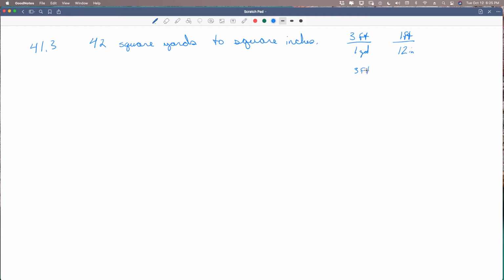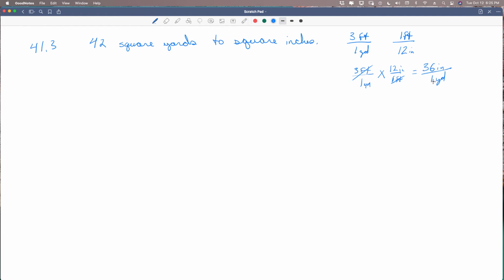You have 3 feet here over 1 yard, times 12 inches over 1 foot. So we cancel the feet, and that ends up being 36 inches in 1 yard, because we had nothing to cancel the yard, and inches is the unit of measure in the top.